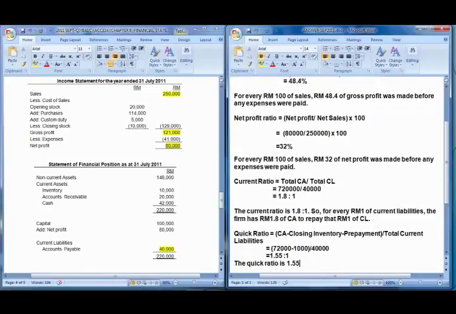So, for every 1 ringgit of current liabilities, Naki Enterprise has 1 ringgit and 55 cents of liquid asset to repay that 1 ringgit of liabilities without relying on its closing inventory.